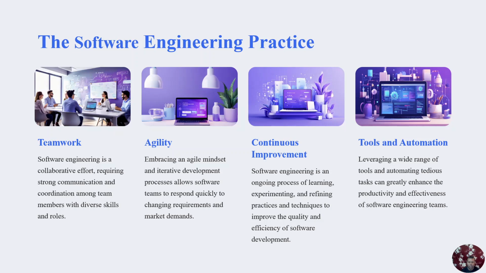Continuous improvement. Software engineering is an ongoing process of learning, experimenting, and refining practices and techniques to improve the quality and efficiency of software development. Tools and automation. Leveraging a wide range of tools and automation to handle routine tasks can greatly enhance the productivity and effectiveness of software engineering teams.